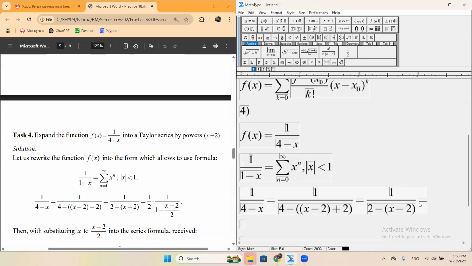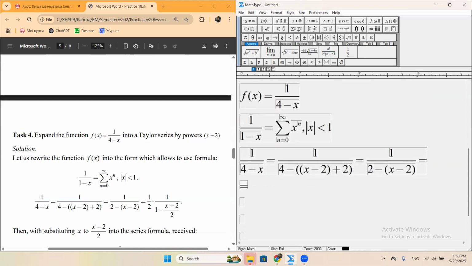So I will move 2 out of the denominator. So 1 over 2, and here I will have 1 over (1 minus (x minus 2)/2). So received this series.